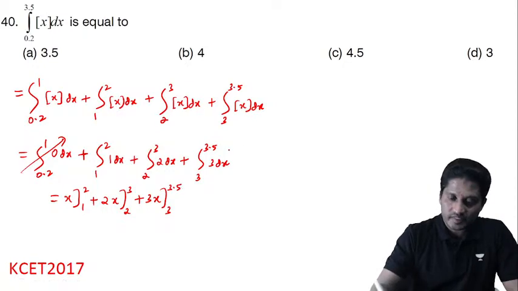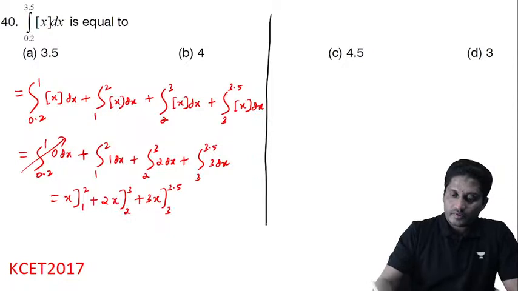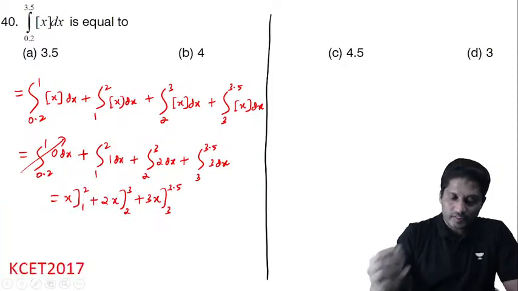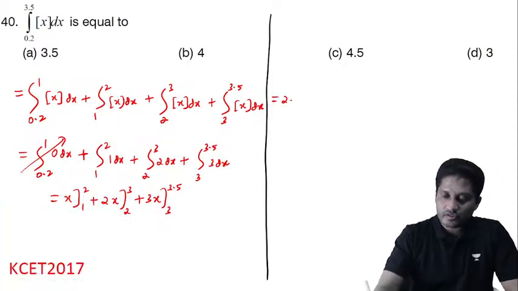Now if I simplify this, this is upper limit minus lower limit, plus 2 into upper limit minus lower limit, plus 3 into upper limit minus lower limit.